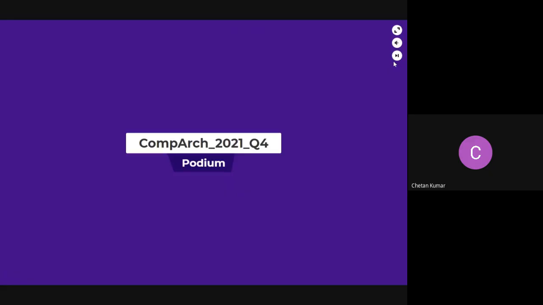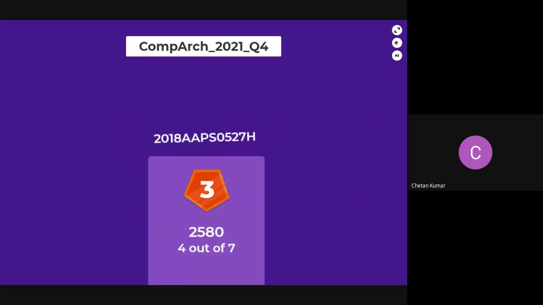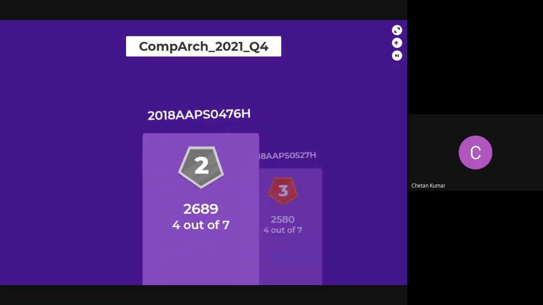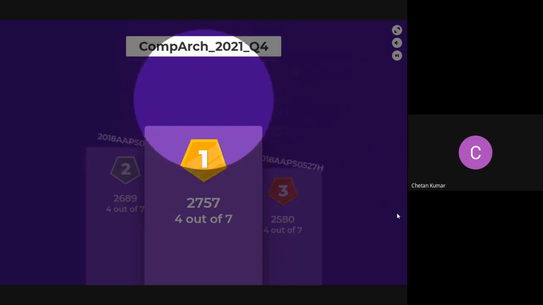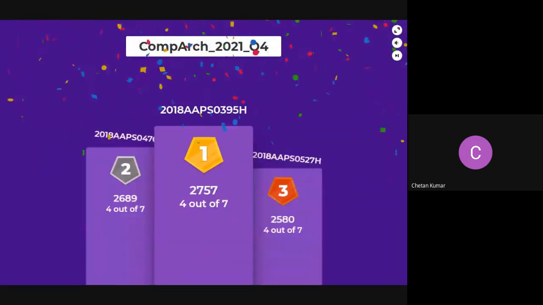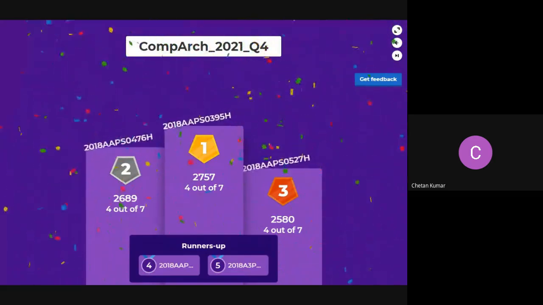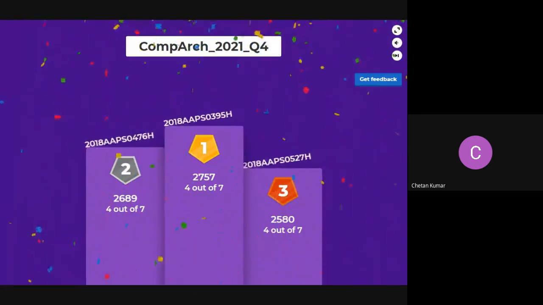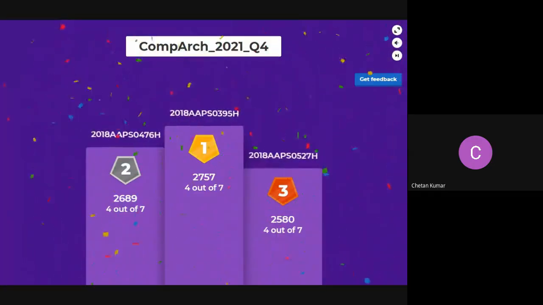So let us see the final toppers podium. So 527, 476. And the winner is, yeah, who are these people? It's very hard to see. Okay, so 395. Who is 395? AAP is 395. Okay, so complete.